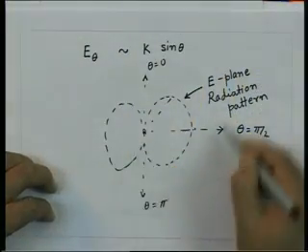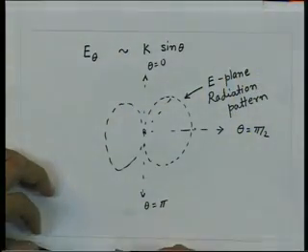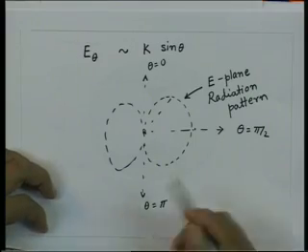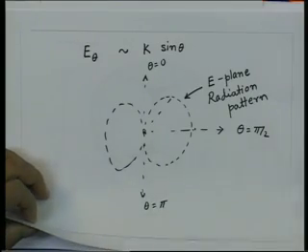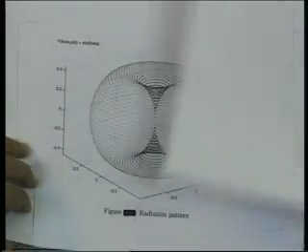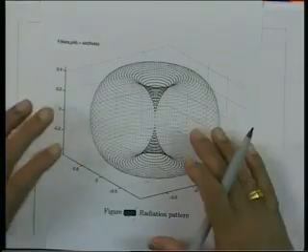So, we call this horizontal plane the H plane, and the variation of electric field we get in this plane we call the H plane radiation pattern.